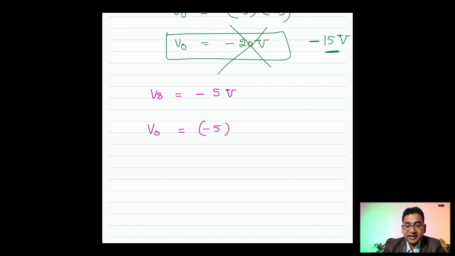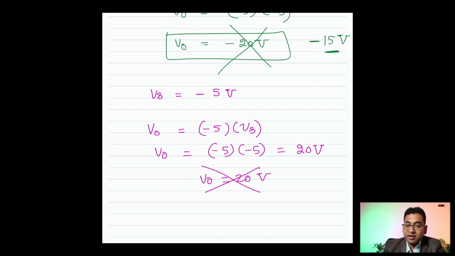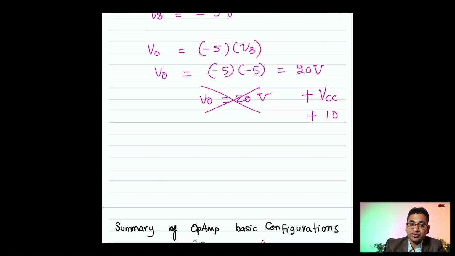Negative 5 times Vs, which is going to turn out to be negative 5 times negative 5, which is going to be 20 volts. Is that possible? V output equals to 20 volts? That is not possible, remember, because the maximum V output is set by plus VCC, which is only given to be positive 10 volts.